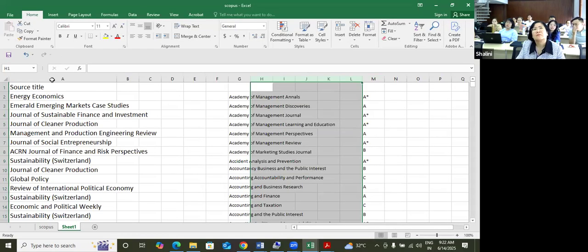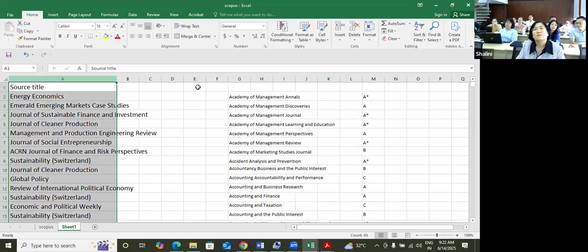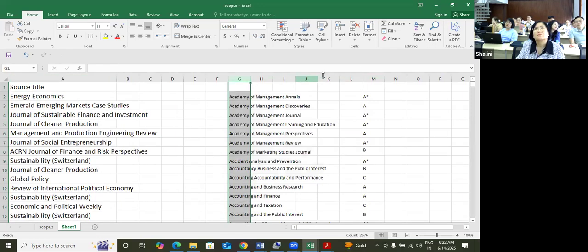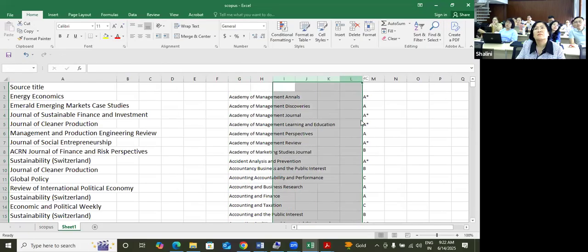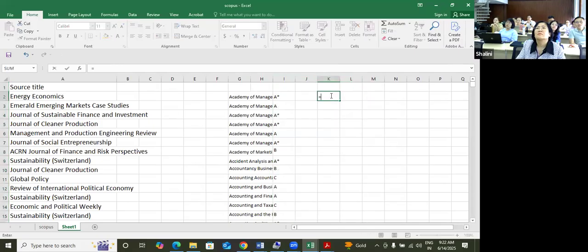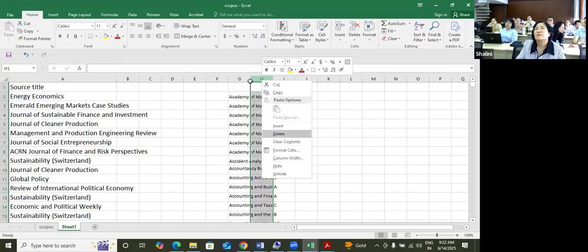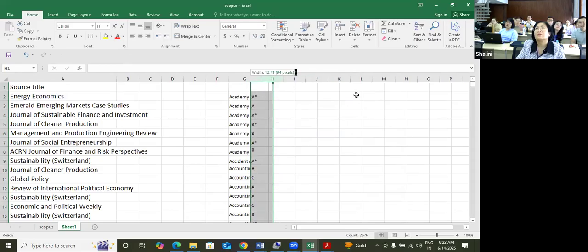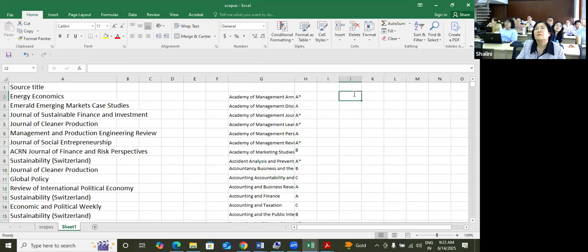This is my original list that the Scopus database has given me, and this is the list from the ABDC journals, right? There is a command called VLOOKUP.